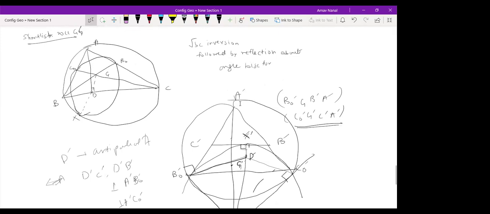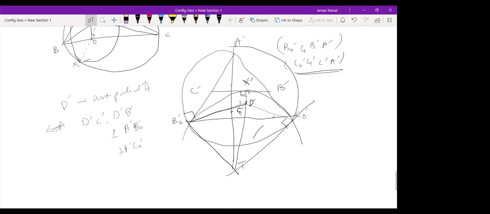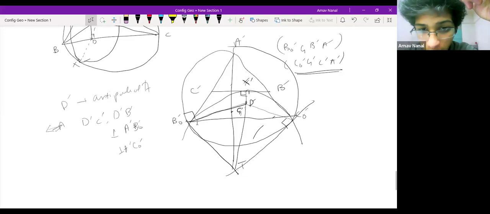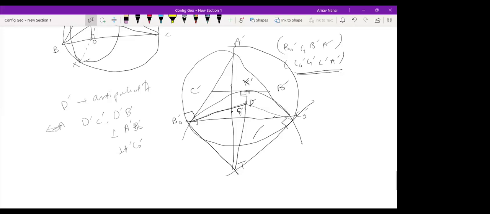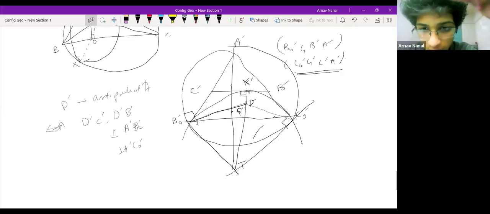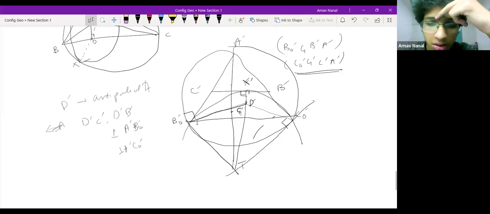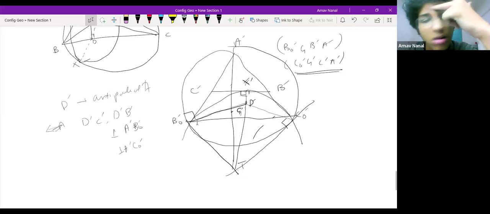Do we have a method to show that the circumcenter of B naught dash, X dash, C naught dash lies on D dash T? Then we'll be done, I guess. Considering the circumcenter of B naught dash, X dash, and C naught dash. Yeah, probably angle chasing. Let's just check.